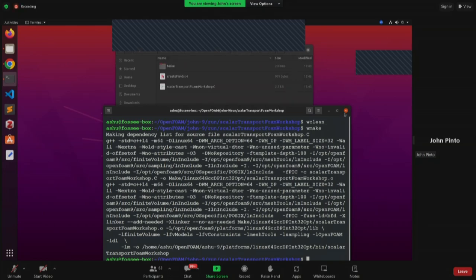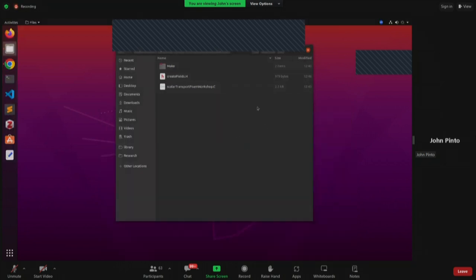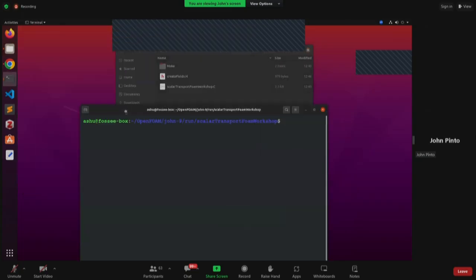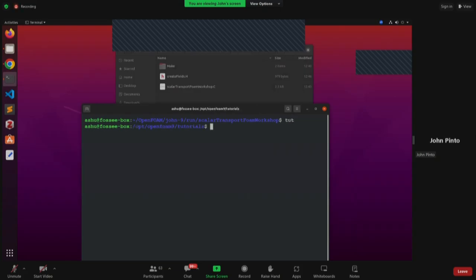But how to set up the case? I will tell you that also, because this new solver needs some specific files. So I will again open my terminal. I will go to tutorials and then cd basic, then scalarTransportFoam. Let me do ls.